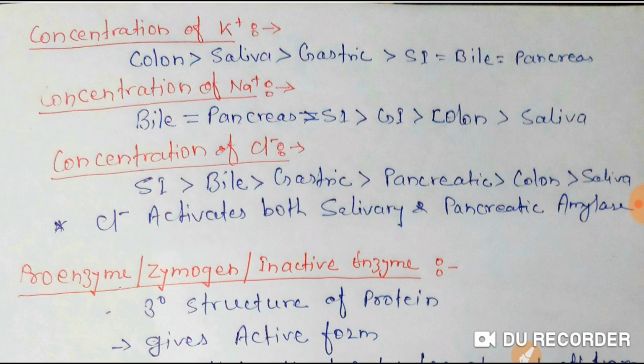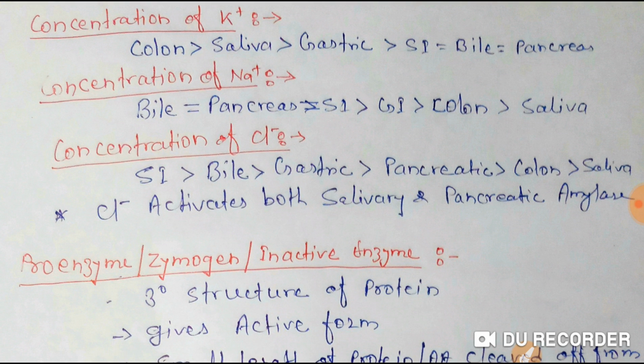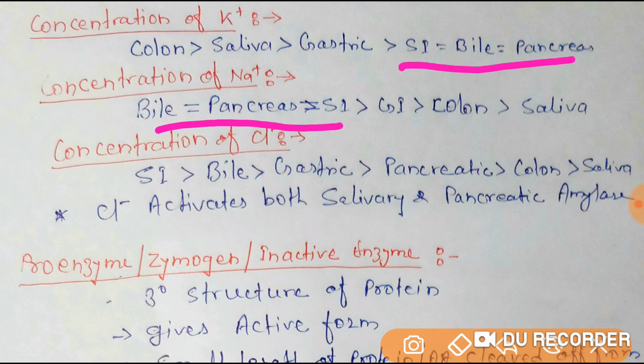So the question arises: the maximum concentration of potassium is present in the colon. So if diarrhea takes place, there is loss of potassium. And the sodium concentration is maximum in the bile, pancreas and the small intestine. It is just the reverse of potassium.